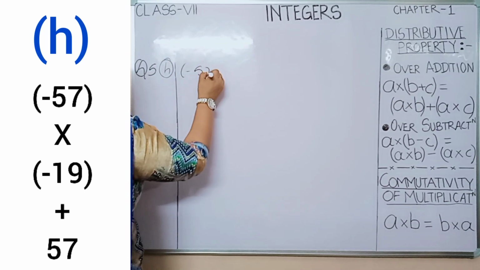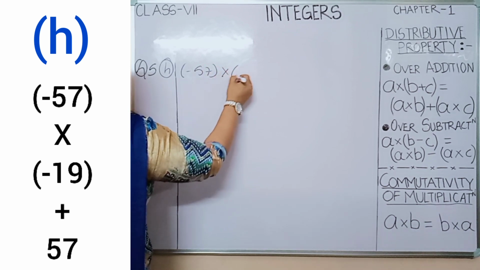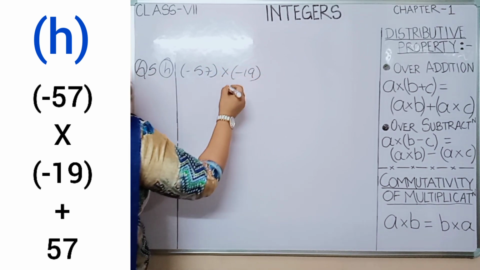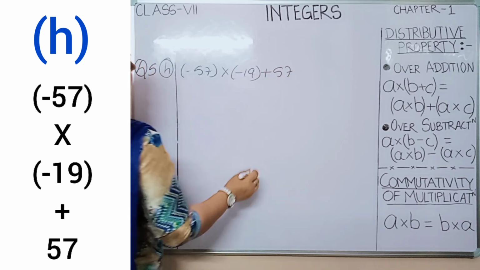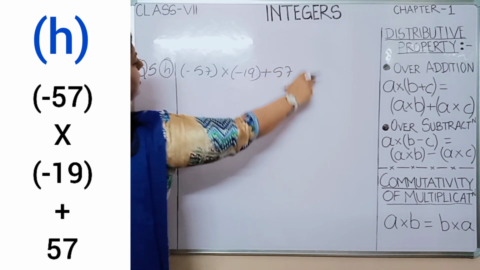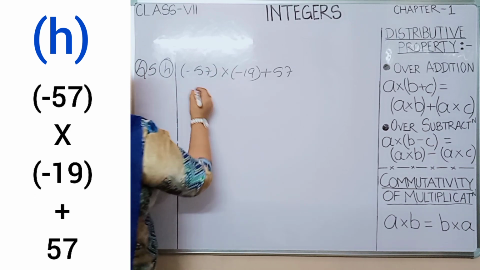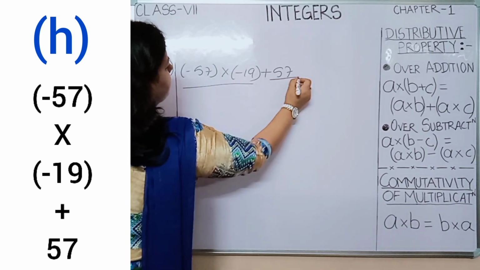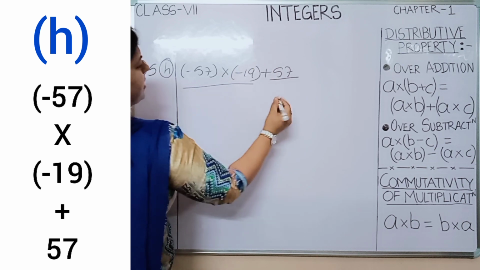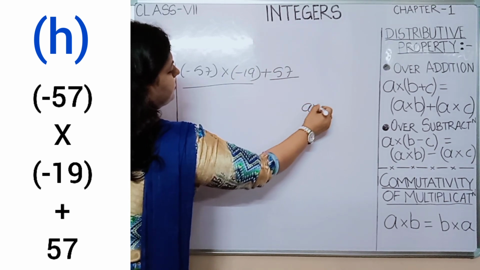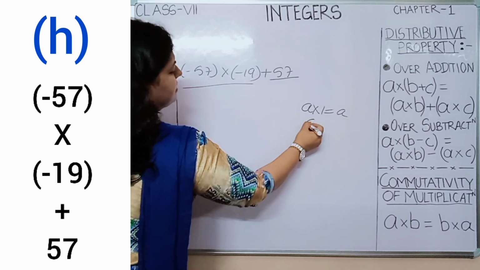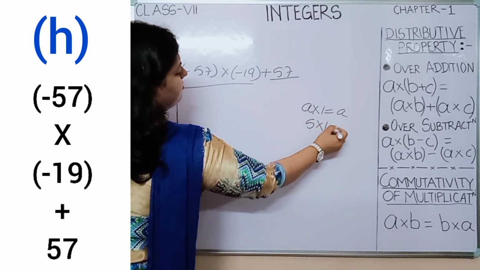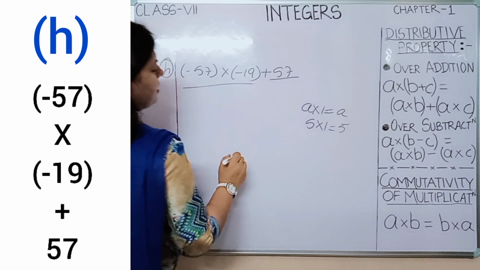Minus 57 into 19 plus 57. Here we have 3 numbers but 2 groups. If we multiply any integer with 1, we get the integer. For example, multiply 5 with 1, we get 5.